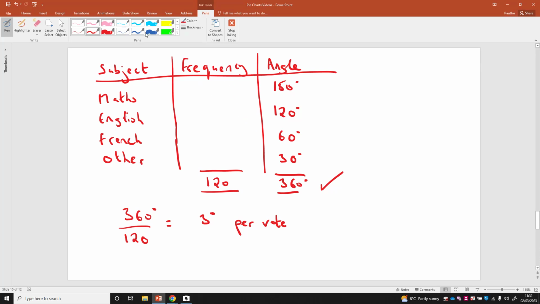And now we've got to think. Thinking back to the last video, to get the angle, because every vote is 3 degrees, whatever the frequency was, we would have multiplied by 3. So if it was 10 votes, that would be 10 times 3 is 30. But now I'm working backwards, so I'm trying to think, something times 3 is 150.